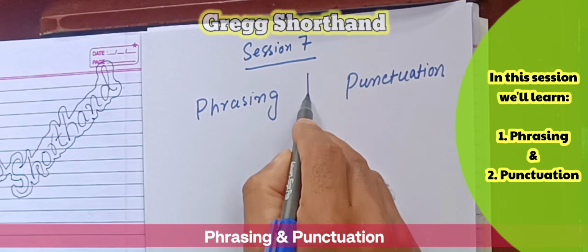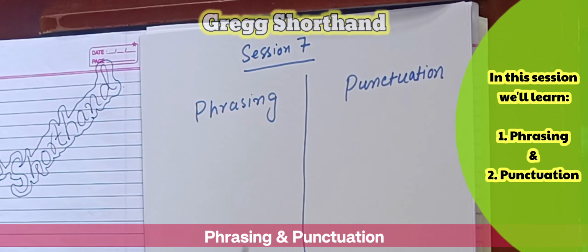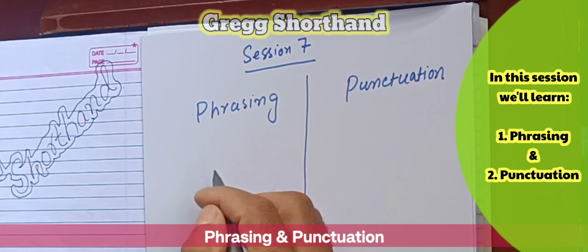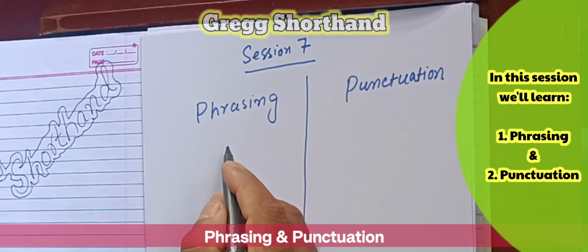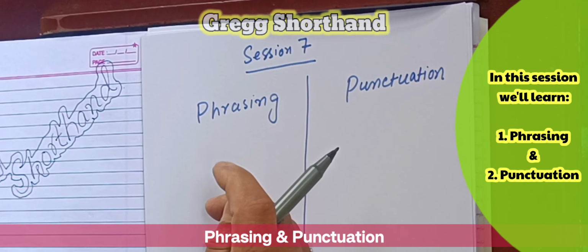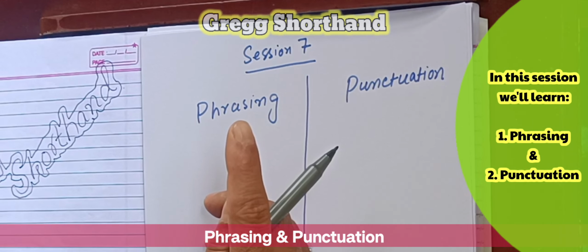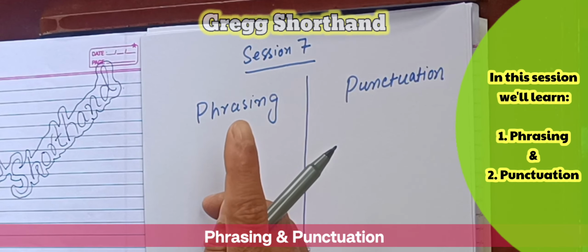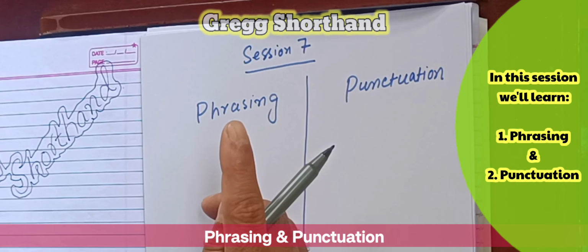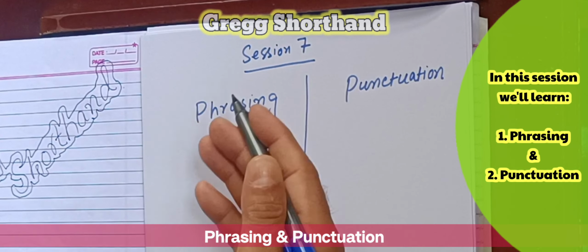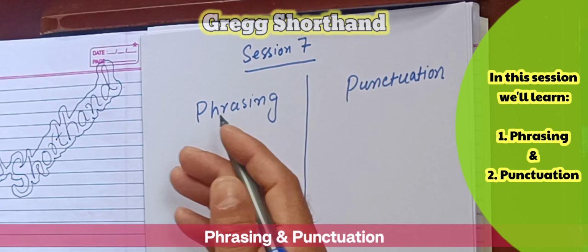In Gregg Shorthand, what's phrasing? Phrasing is joining two or more simple words together and writing them as a single outline. This helps to improve both speed and accuracy while writing shorthand. So instead of writing each word separately, we connect them smoothly.